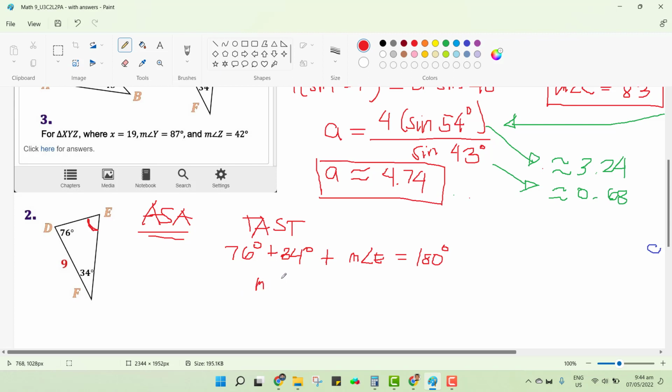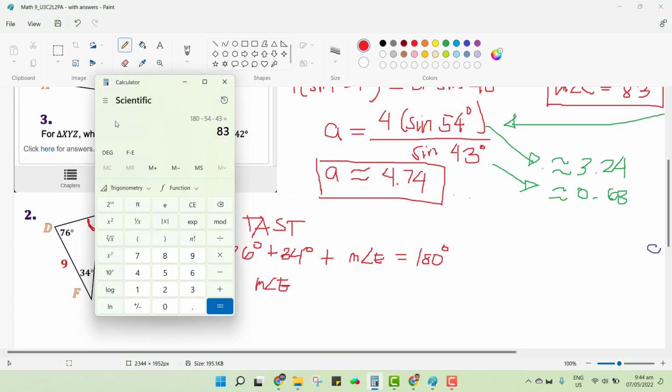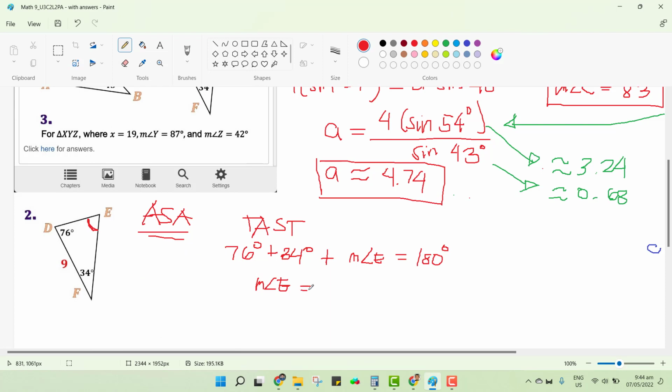So the measurement of angle E, let me use this first calculator: 180 degrees minus 76 minus 34. You will get a 70-degree angle for angle E.